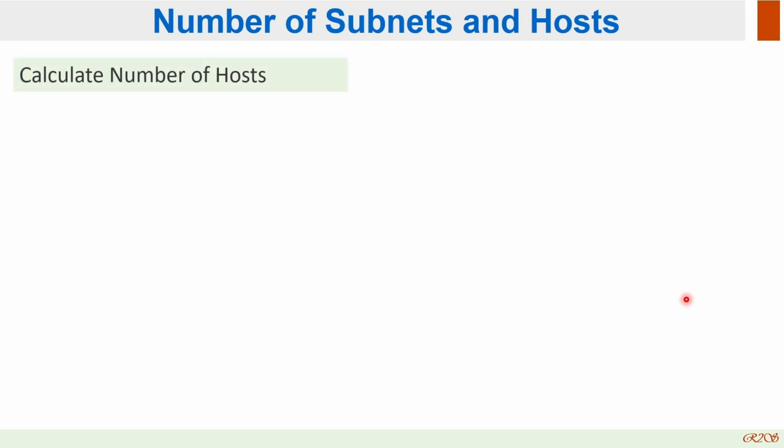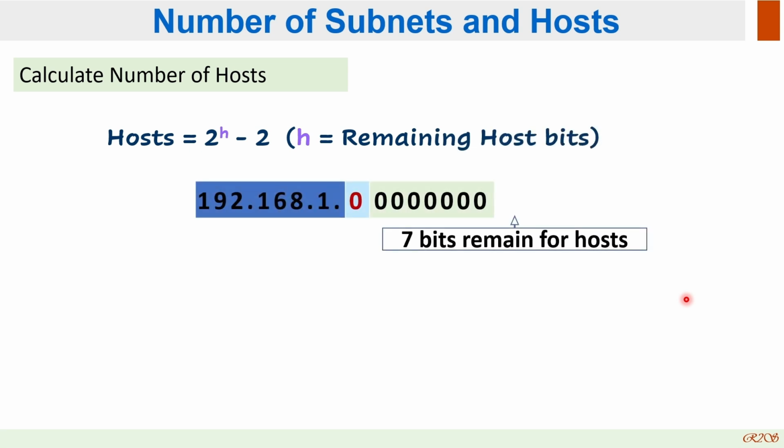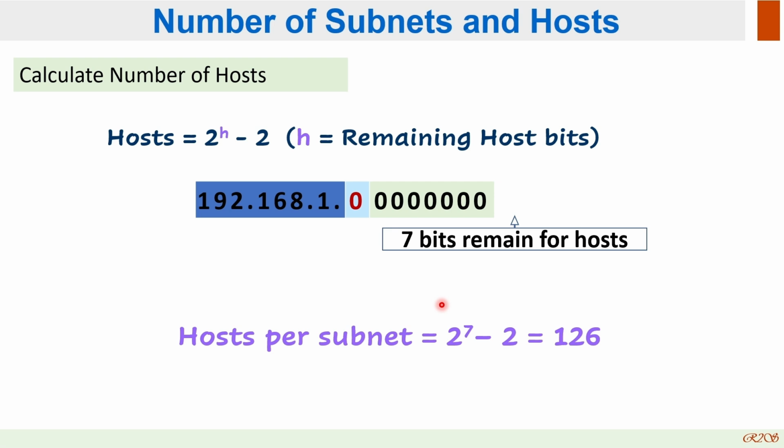And to calculate the number of hosts, if we are using 7 bits for the host, that means 2 to the power 7 minus 2, so 126 is the number of usable host addresses. We subtract 2 because we are not considering the network address and the broadcast address.